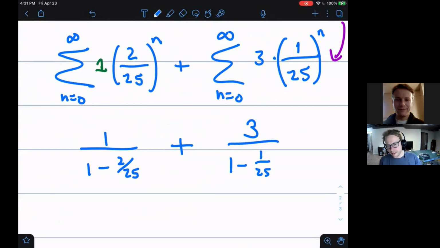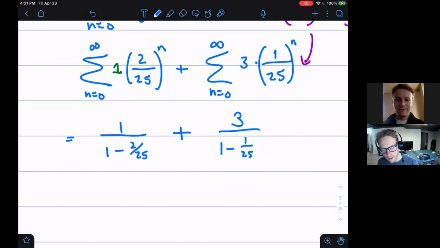If you'd like to, you can simplify this down a little bit to make it easier to plug into your calculator, for instance. I'm imagining this comes up as a standard response style question. If it's a multiple choice style question, maybe this is just one of the answers, and so you could choose that. So it really depends on what you're trying to do with this. Maybe I'll just show you. 1 minus 2 25ths is going to be 23 25ths left over.